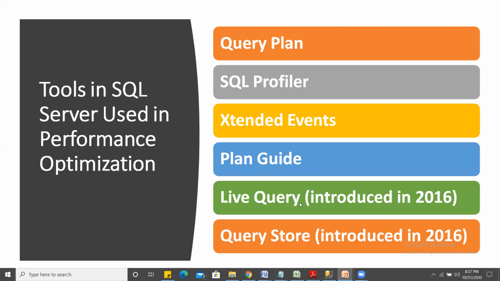Live Query is a tool introduced in SQL Server 2016 and available in later versions, right? So it gives you a live picture of your query execution, how data is flowing, and where it is taking time from which operator to which operator.